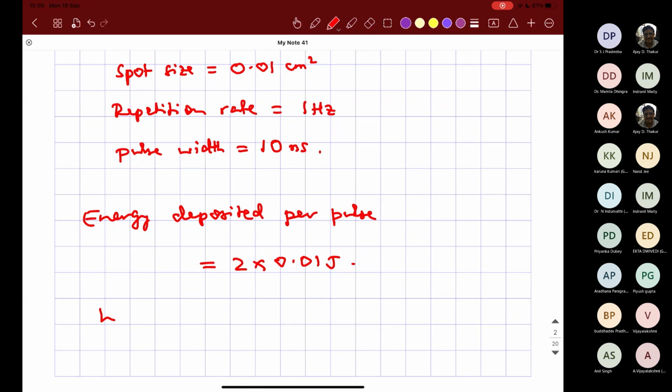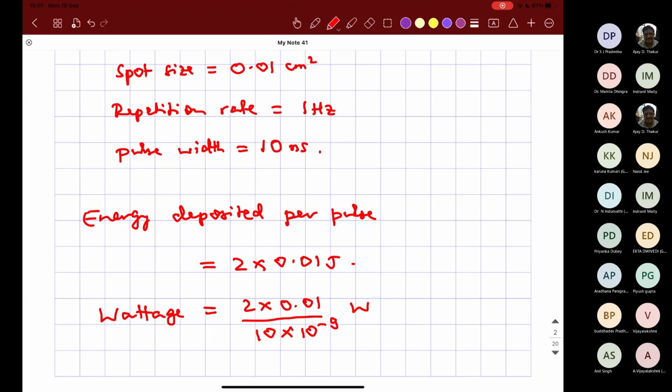And therefore the wattage that is seen, or the power of the process, is about 2 into 0.01 divided by 10 into 10 to the power minus 9 joule per second. So this much watt. We can quickly do this algebra.